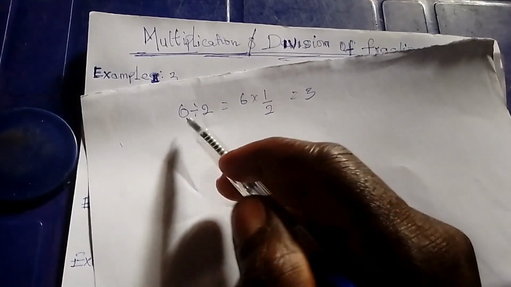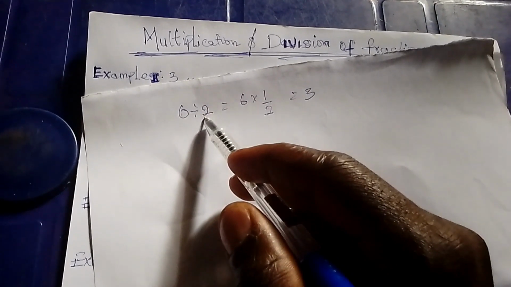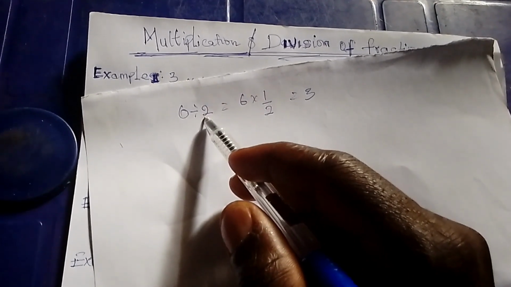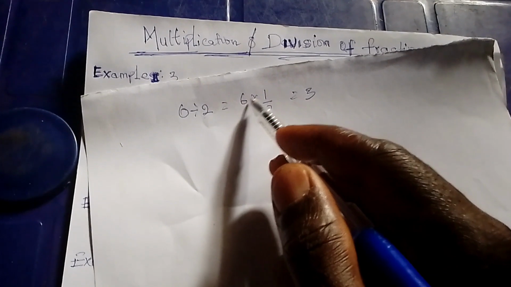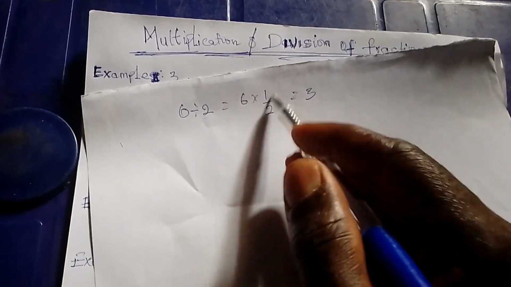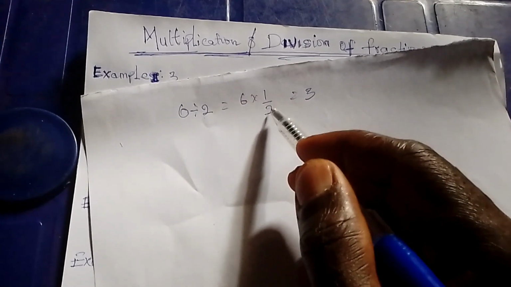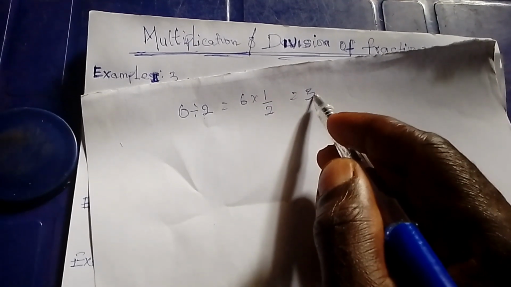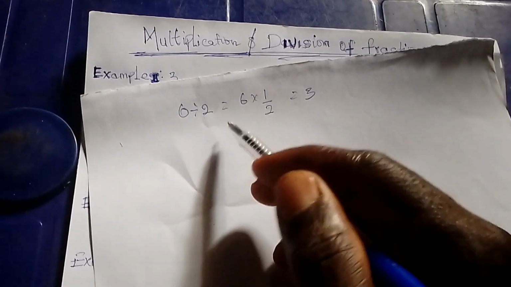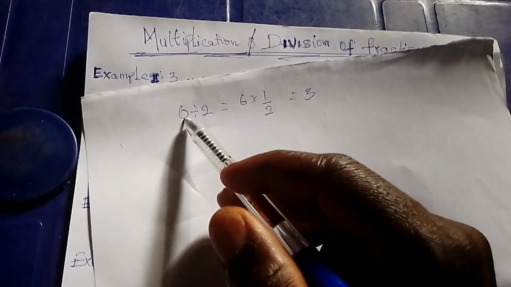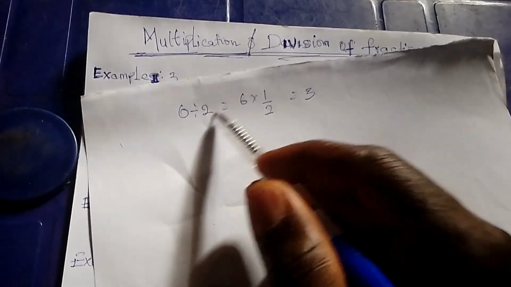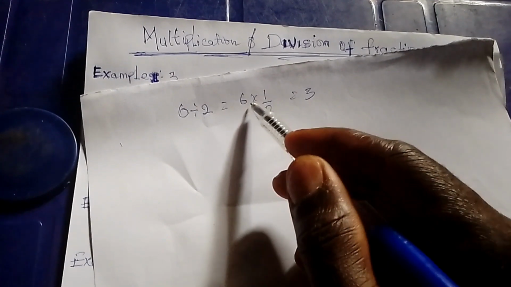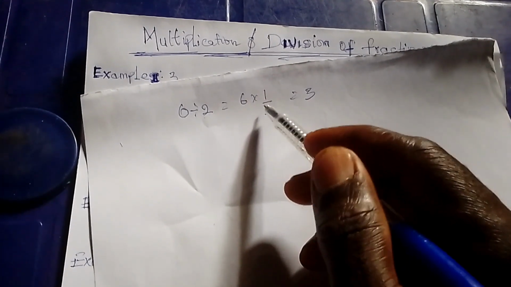In this case, 6 divided by 2 is the same thing as 6 multiplied by the reciprocal of 2, which is 1 all over 2. And the result is 3. Showing that each time you are dividing a number by a number, you are equally multiplying that number by the reciprocal of the divisor.